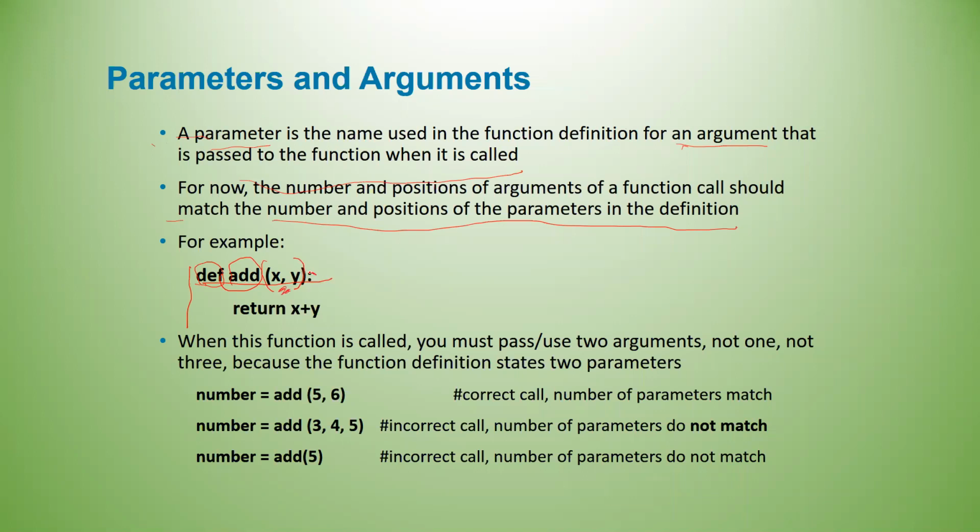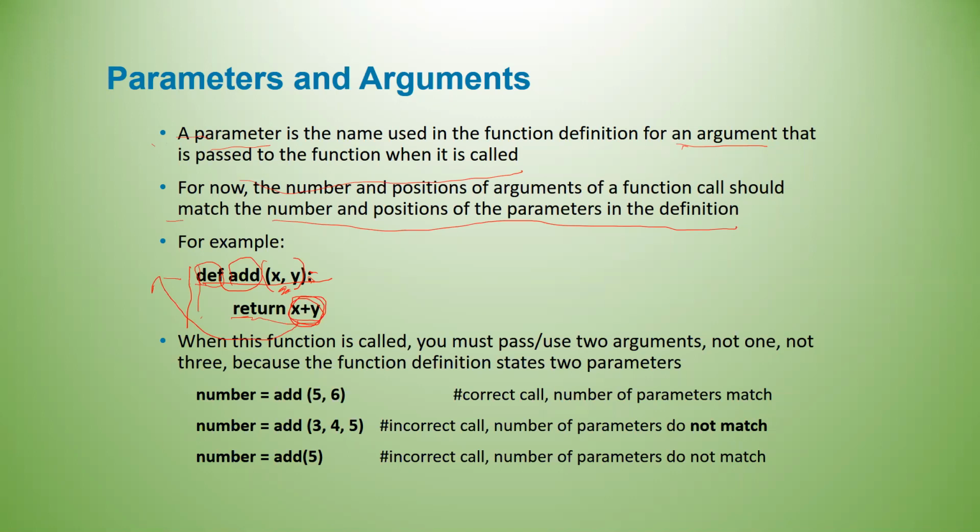After the function header, you must have this colon. And then your function body is indented. Because you are adding the two parameters, so you just add them. That's an expression that will give you the value, and you give that value back, you return to whoever is calling you, okay? So that's the function definition.